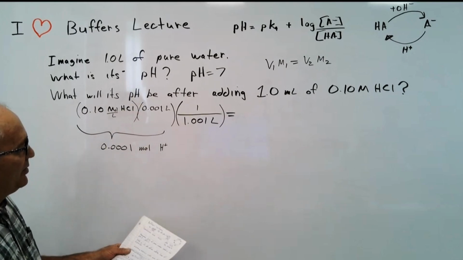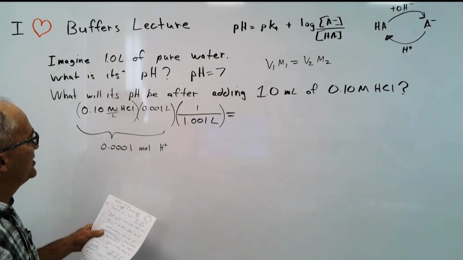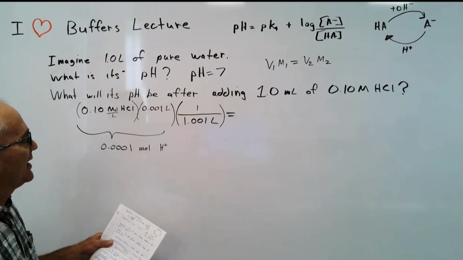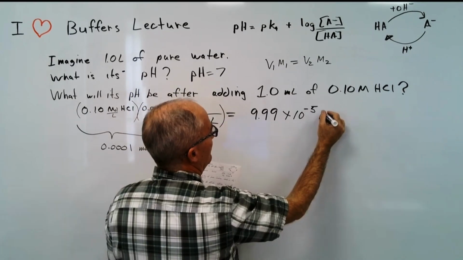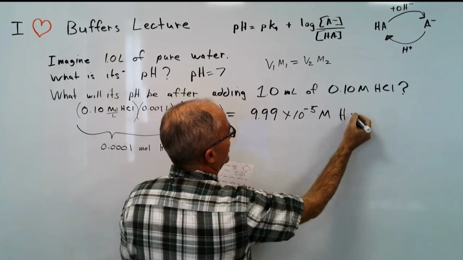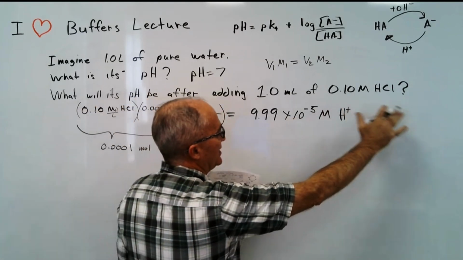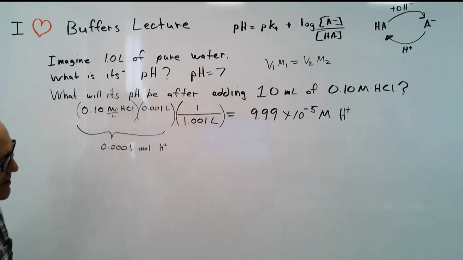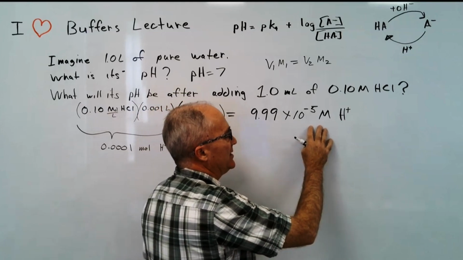So then I pull out my calculator. 0.1 times 0.001 divided by 1.001. And what is this? Molar hydronium ion, or HCl. But since this is a strong acid, it completely dissociates. And this is greater than 1 times 10 to the -6.